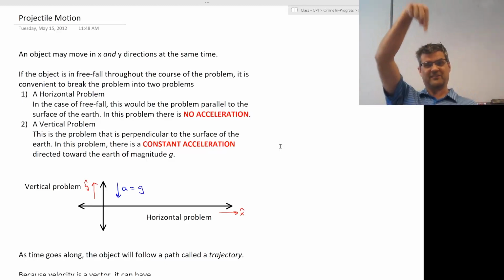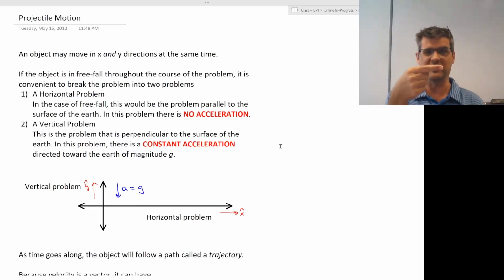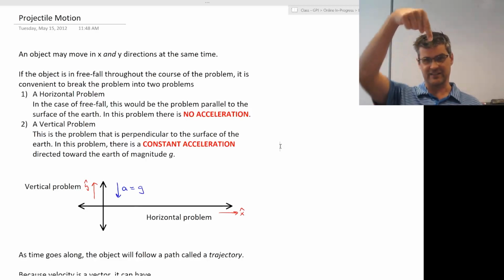Free fall says the acceleration of gravity is this way, but there is no vector component of acceleration this way in free fall motion. There's nothing else that's working on it. So what we have is constant acceleration that's 0 this way and a constant acceleration of g this way.